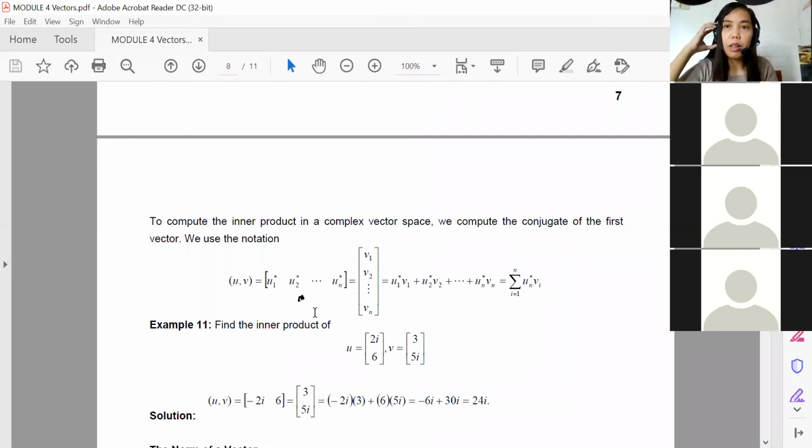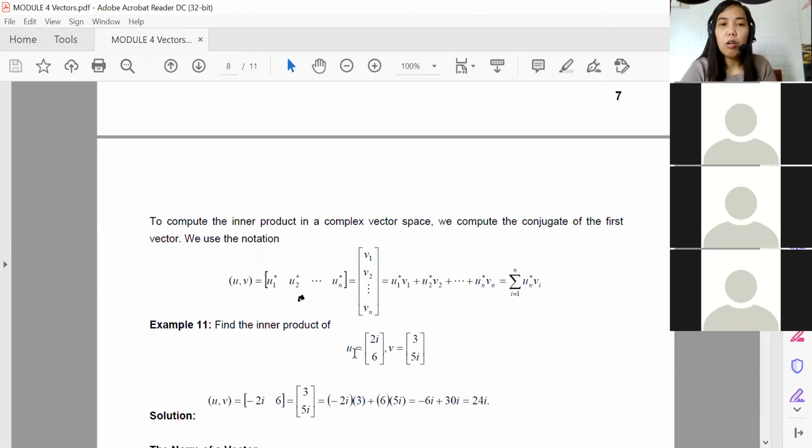So it's like for Hermitian. Okay, pag complex vector space, laging ganon. Ta-transpose nyo muna, kunin ang conjugate. Okay? And then, you multiply it in each component of the other vector. So, this asterisk means you get the conjugate of the u. Okay? So, let's have an example.